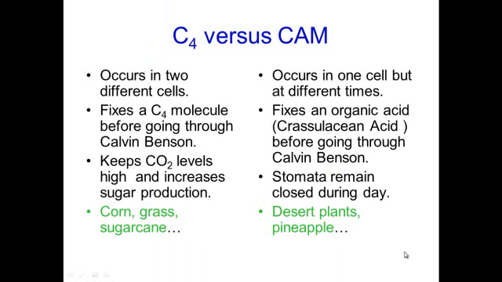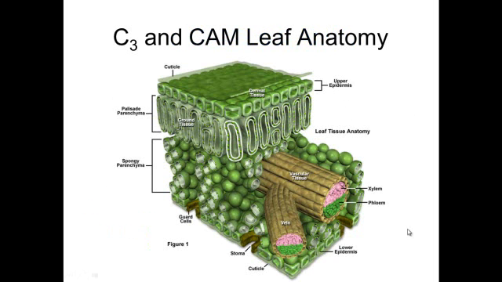Okay, and these two slides, this one and the next one, kind of help you to see the difference between them. Two cells versus one cell, fixes it to malate versus crassulacean acid, keeps the carbon dioxide levels high and increases sugar production. They do it because they have to keep the stomata closed during the day, different types of plants.